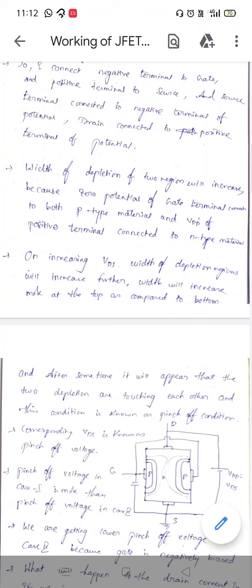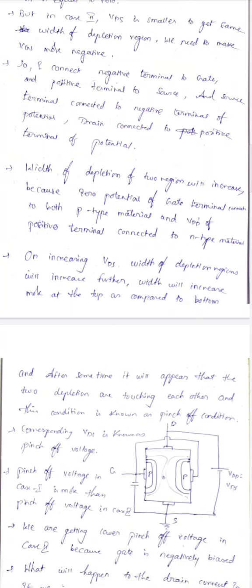For that we decrease the potential between gate and source terminal to less than 0 volts, and apply a small VDS, so we get the saturation condition much earlier in case 2 than in case 1. This is all about the working of the JFET.